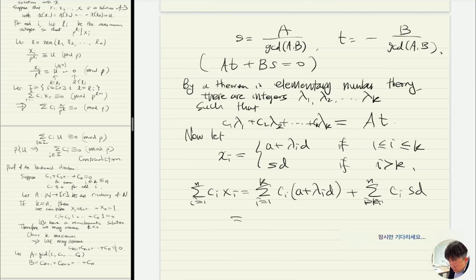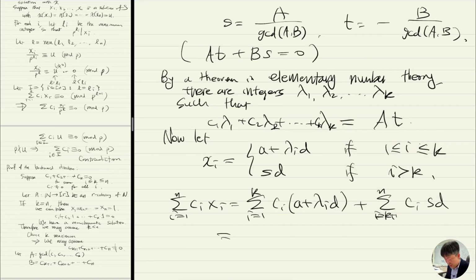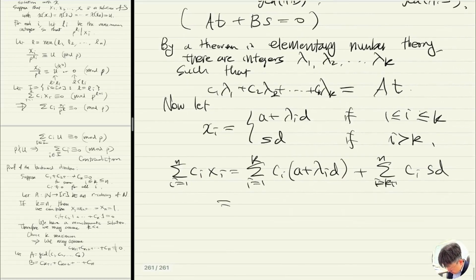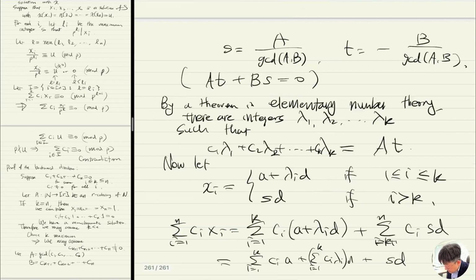But the sum of ci is 0. So what I get is the sum of ci times a, which is 0, plus the sum of ci lambda i times d, plus s t times b, right?